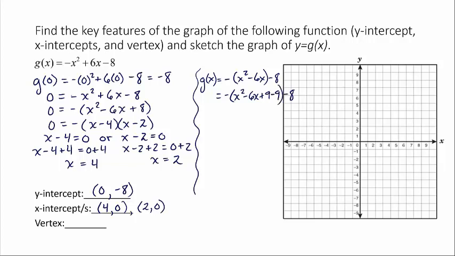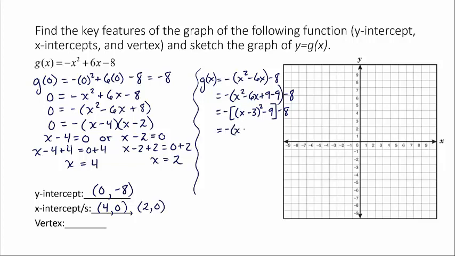So add and subtract. Okay, so I'm going to have, if I factor that trinomial, x minus 3 quantity squared, right? Because I have a minus 6 in the middle, so x minus 3 squared, minus 9, right? Minus 8. Don't forget about that minus 8. And then distribute the negative through.